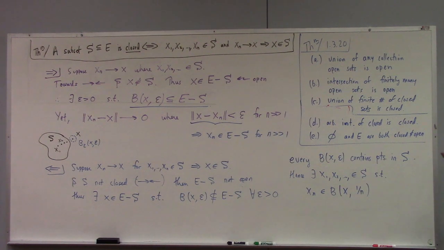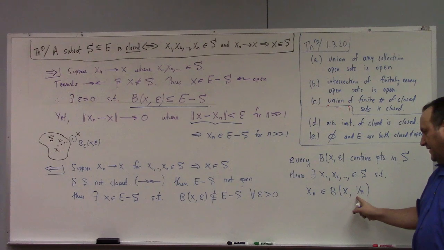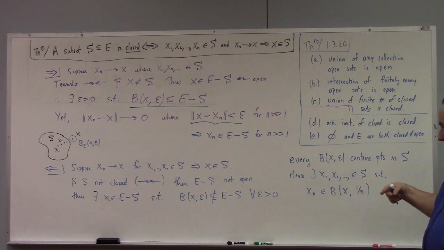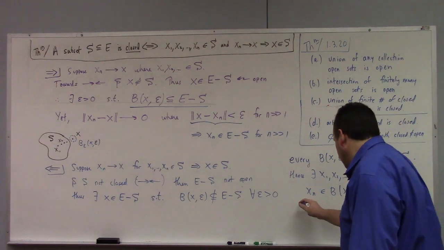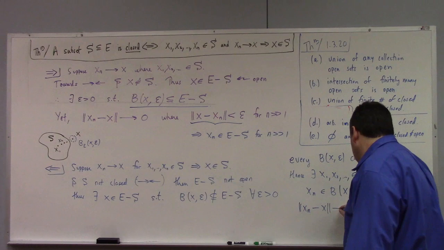Does that make sense that we can construct a sequence like this? Because we've got this point x, right? And so for every epsilon 1 over n, we can pick a point, right? And more than that, what do you get about the norm of xn minus x? It goes to 0, right?